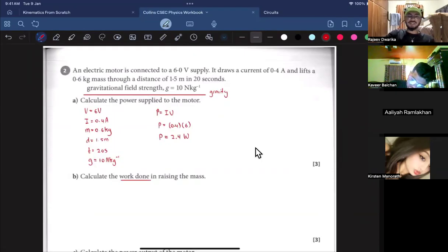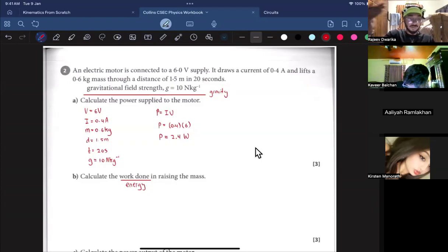What is the definition of work? If I say that, I'll give away the answer. To do work, what do you need? Energy. Right, so work done means energy.